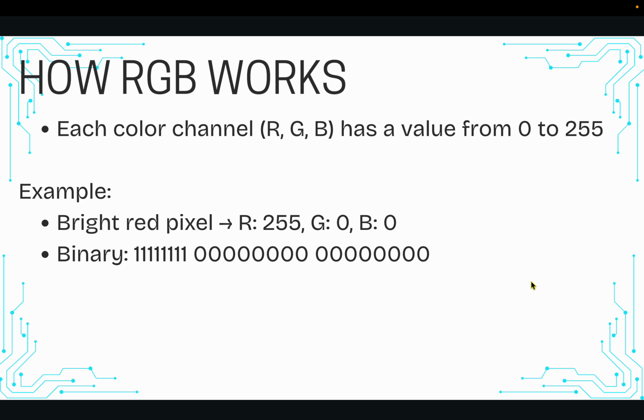So, for example, if you want to have a bright red, then your pixels would have an RGB value of R, which we have at 255. You would have no value for G or B because it's basically saying your standard red. Now, let's say you want to make it darker red, then you might add on some values to the G, or you might add on some values to the B to make it a little darker.